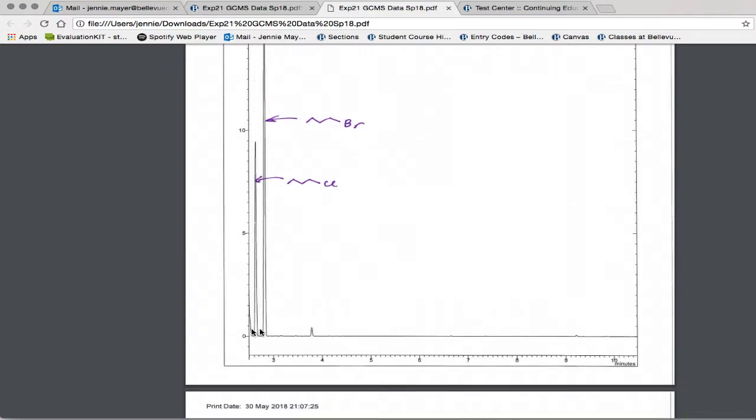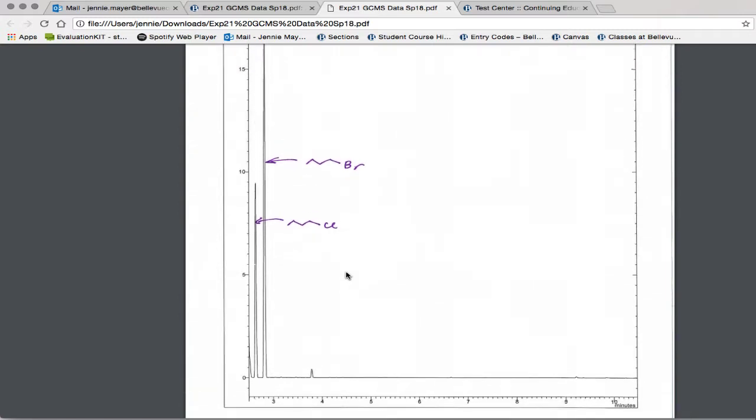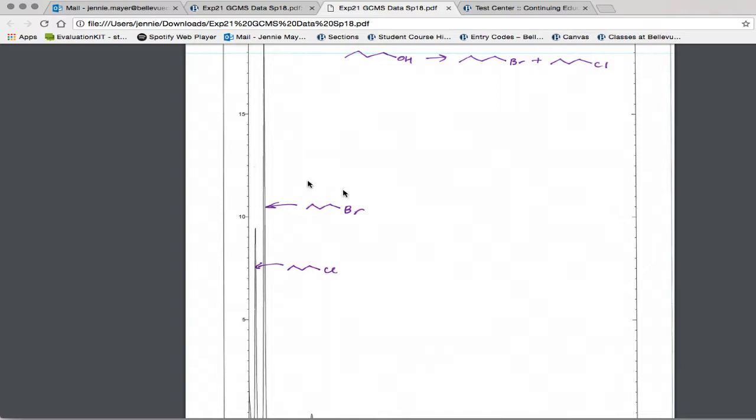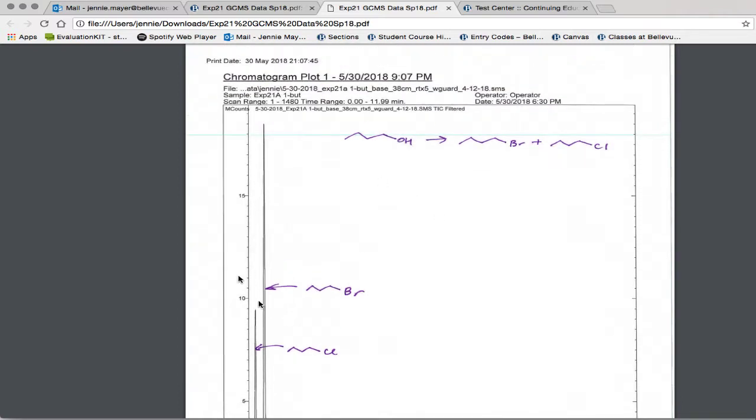And their retention times come out right about here. So the chloride, when I ran that by itself, came out here. The bromide came out around here, and then I ran them together as well, and they came out in that region. So I'm pretty sure this is the bromide and that's the chloride, by running those standards under the same GC conditions.